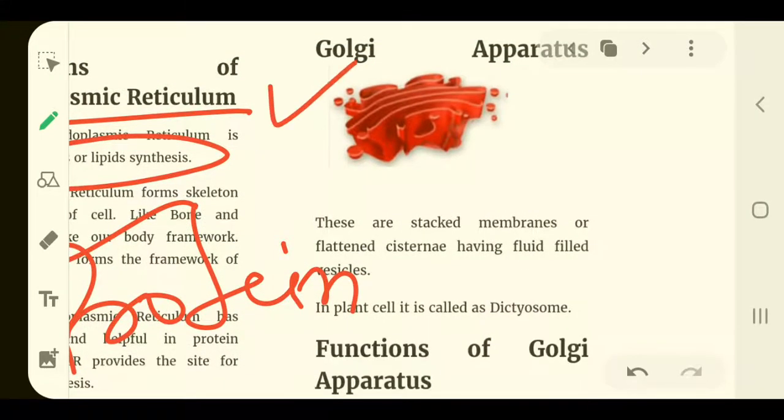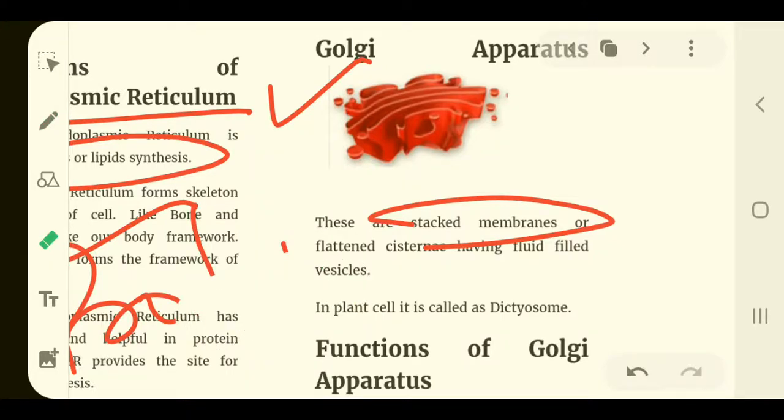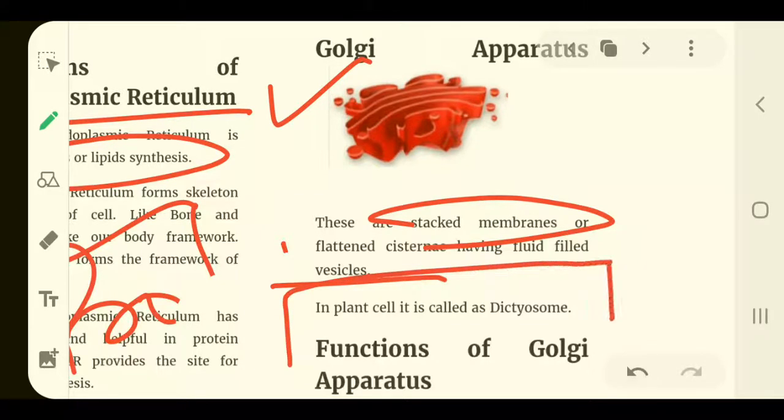While the Golgi or Golgi apparatus, as we call it, is again a membrane stacked one over the other, and again filled with fluid-filled vesicles. Underline this one, normally we ask a one-mark question: what do we call the Golgi apparatus in plants?